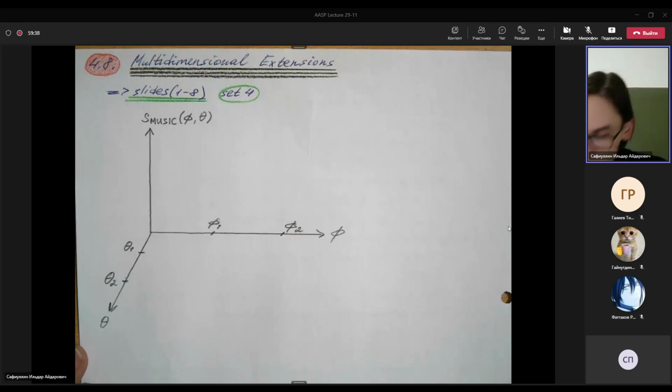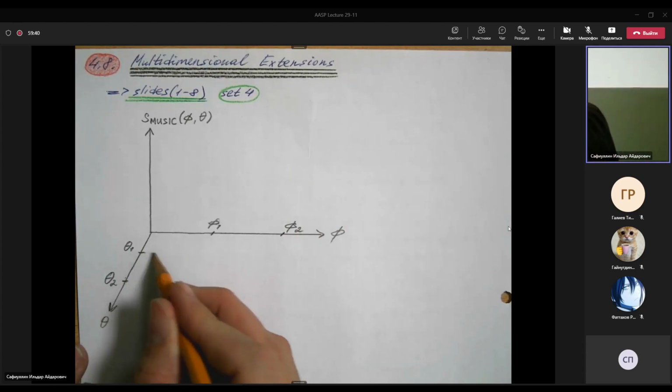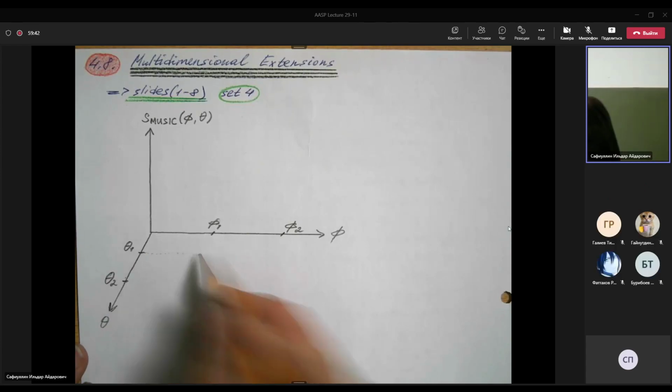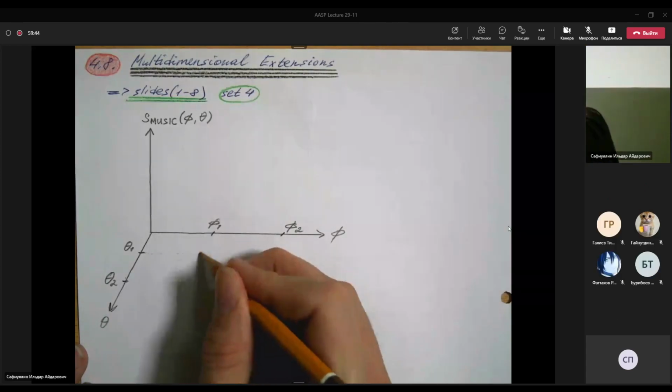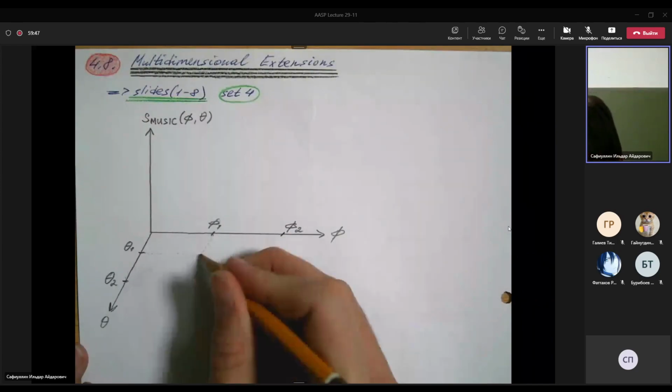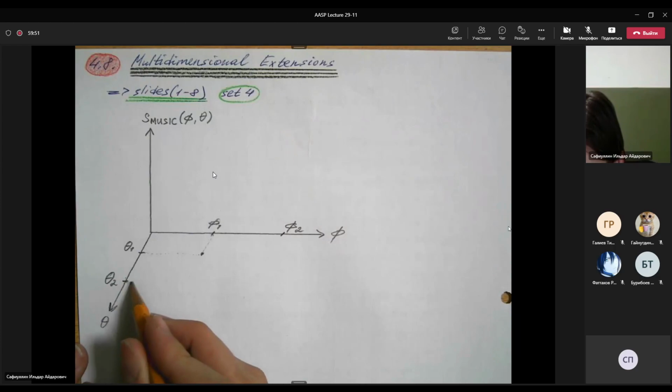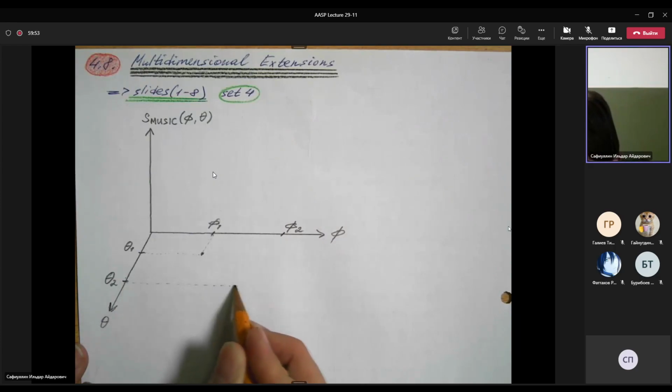So first, let's try to project where we will have these values on our plane.